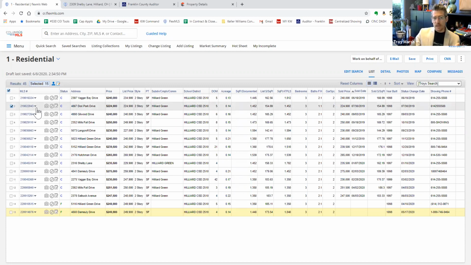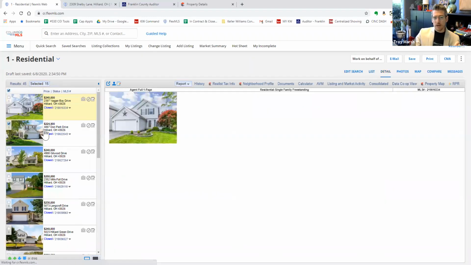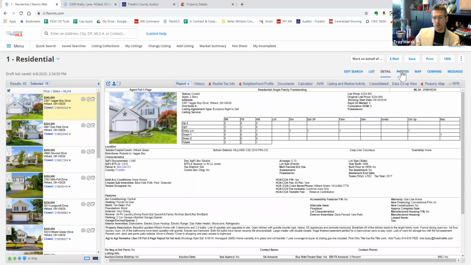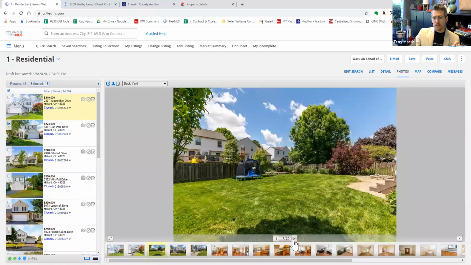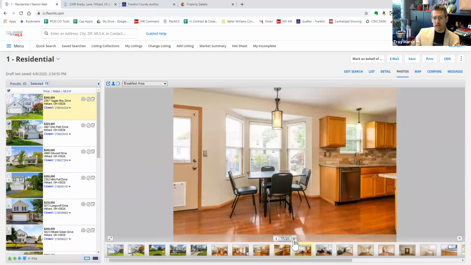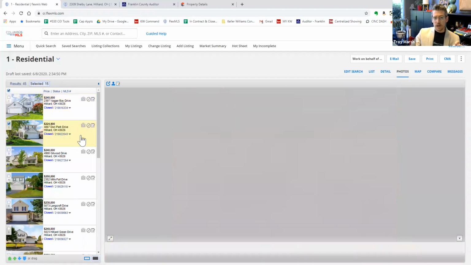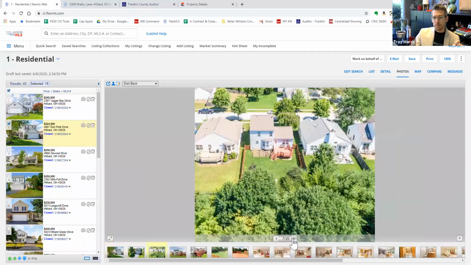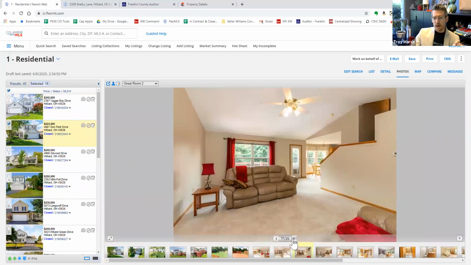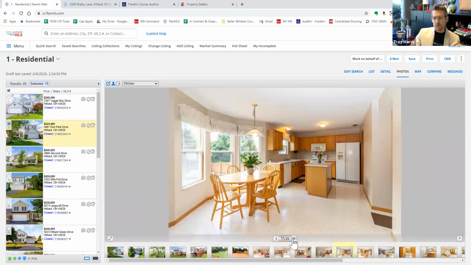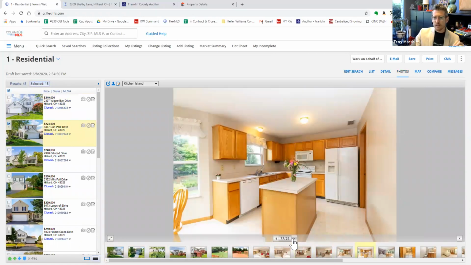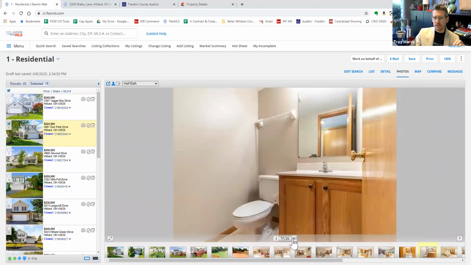Now, the last thing I'm going to do is jump in here and compare our property to some of these other ones real quick, because I do think that our property from an updates perspective, especially on the inside, the yard was awesome with the deck, but the inside leaves a little bit to be desired.